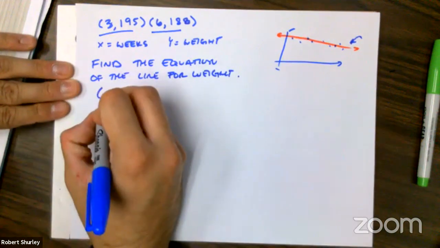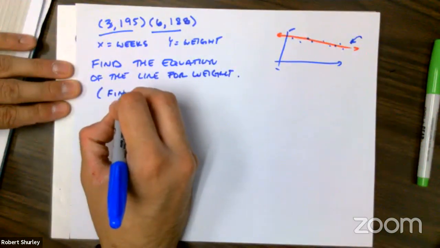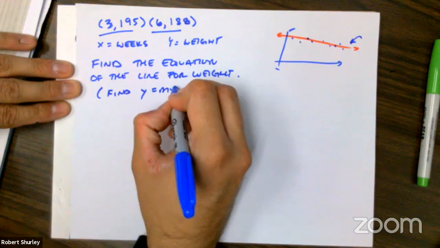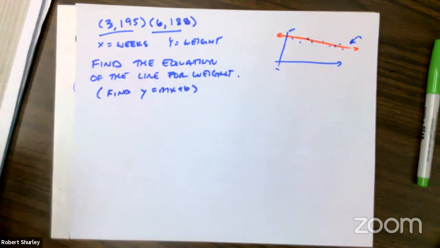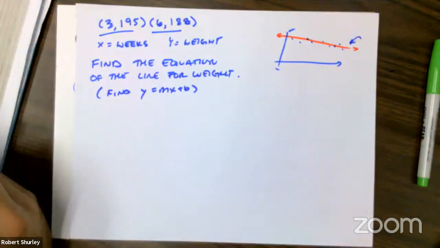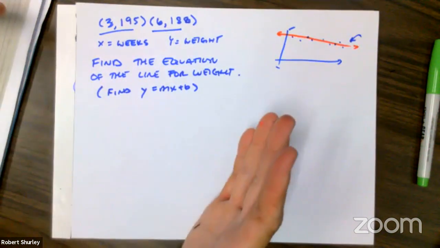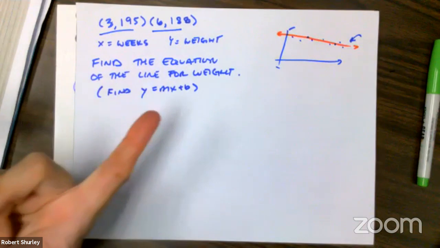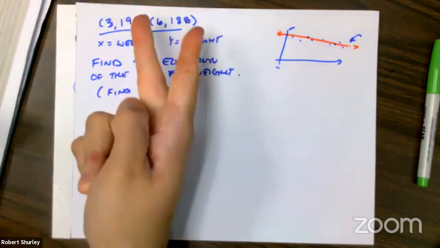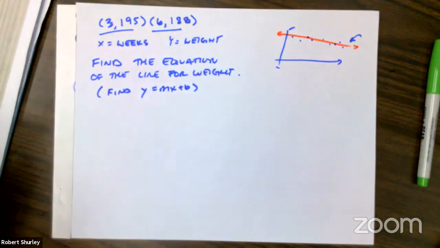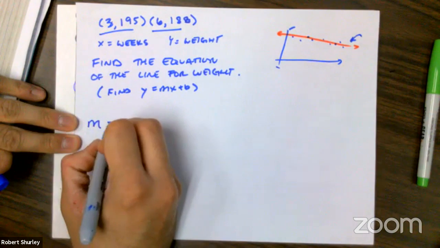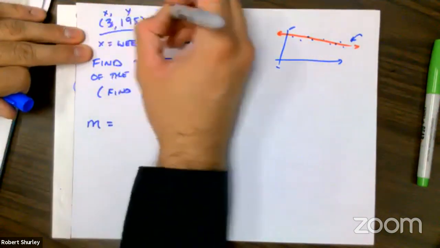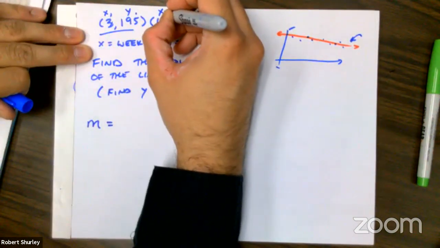So really what that's asking is find y equals mx plus b. So if I want to find y equals mx plus b, the first thing I need to do is find the slope. I've got 2 coordinates here. I can find the slope of this line, okay? So let's find the slope of this line first. So m equals, this is x1, y1, this is x2, y2.